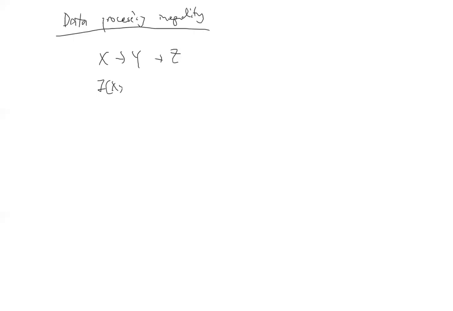So, data processing inequality. If you have a Markov chain, let's say I have X, Y, and Z, then we will have an inequality: I(X;Y) is larger than or equal to I(X;Z).